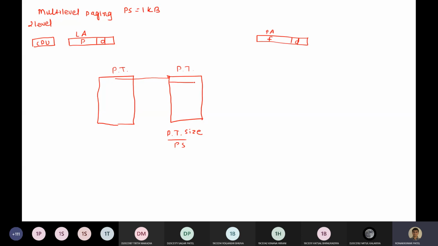And from here you will get the frame number. But how to do this? So first, when this is generated, it will be divided into two portions.